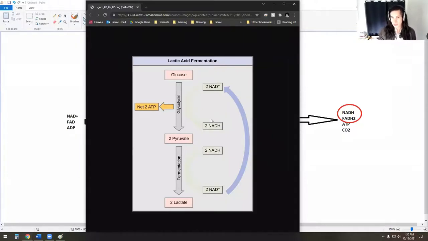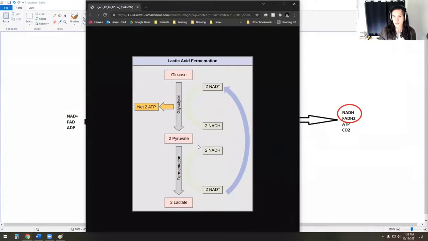But if you're going to ferment, this NADH is then used during fermentation to produce lactate. What happens here is that NAD plus is one of the rate limiting steps in glycolysis, so glycolysis can't happen without NAD plus.